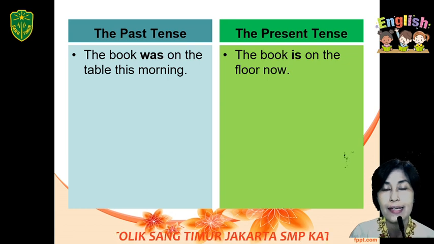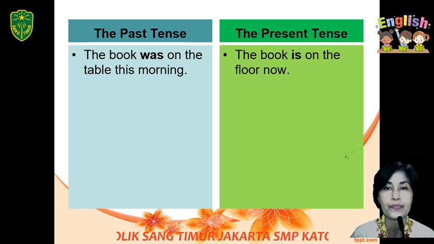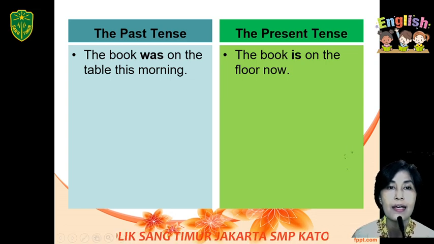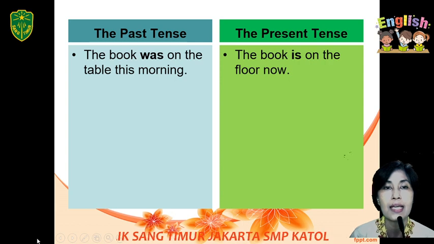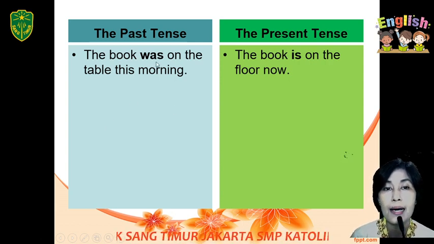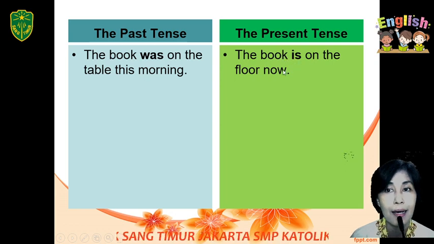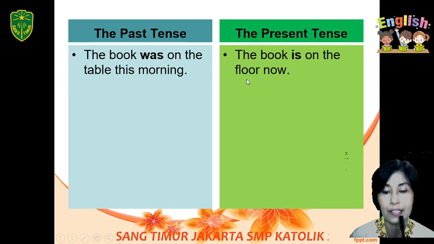In the present tense, you say the book is on the floor. In the past tense, you say the book was on the table. See, the book was on the table this morning, but now it is on the floor.